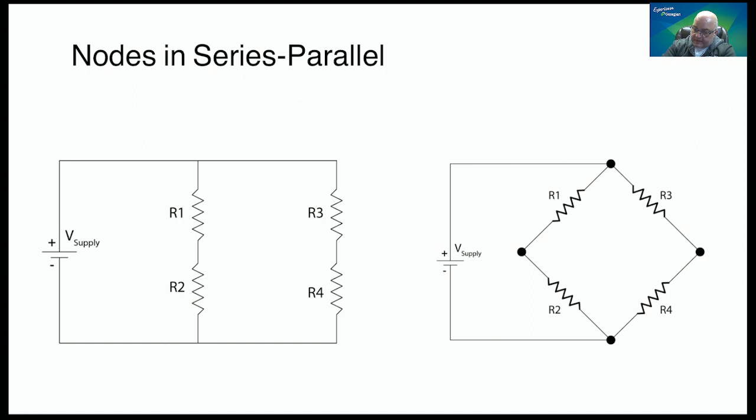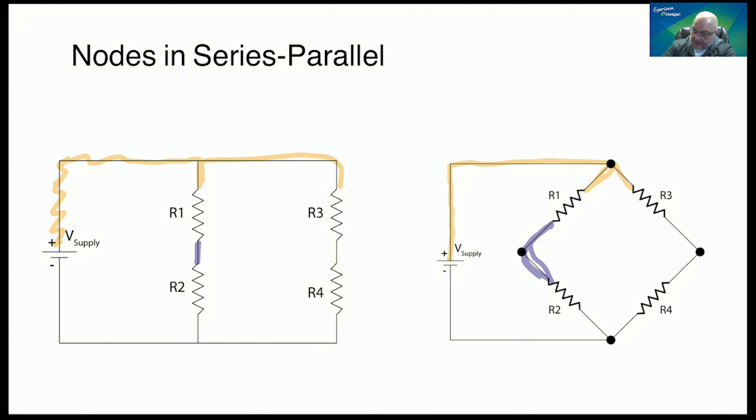Now, let's go very quickly and apply our color coding. I'm going to start with the orange one first. I'm going from the positive to R1 and R3. Same here, I'm going from the positive to R1 and R3. That's your one node right there. And then we have a different node that goes between R1 and R2, which is here.